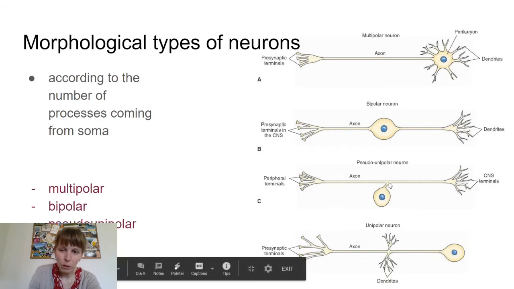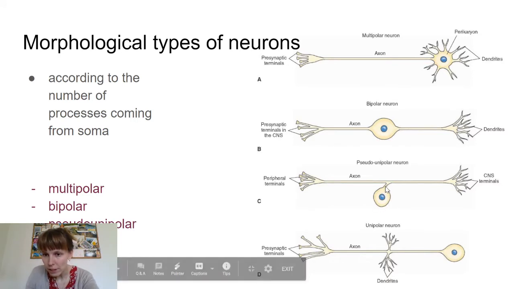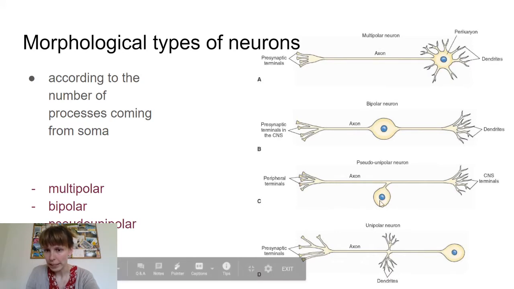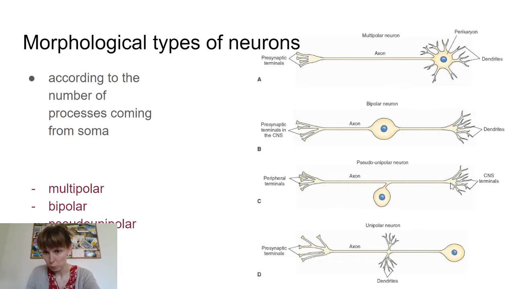Then you have pseudo-unipolar neurons. These are called pseudo-unipolar because they look like they just have one process coming from the body. It's the C-labeled neuron. It seems like they just have one, but it branches off really soon, and it is still one axon going to one side and dendrites going in the other direction.